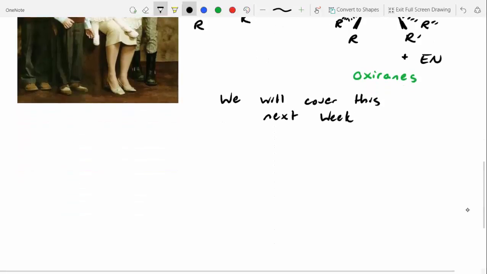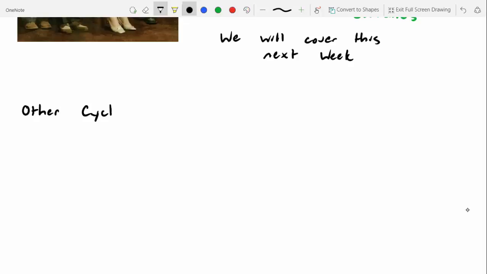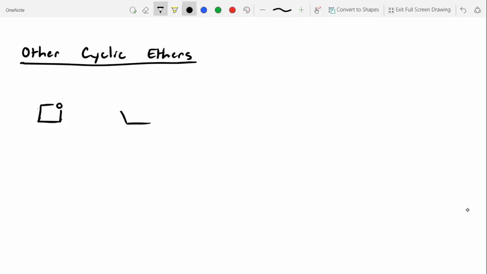All right, there's a couple other ethers I do want to mention. The first one is kind of a cousin of epoxides. It's got a four-membered ring.